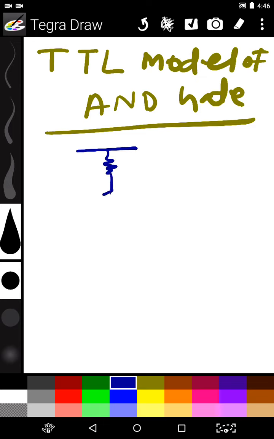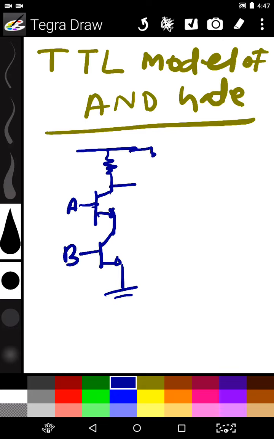This is an NPN transistor. This is an NPN transistor connected in series. This one is another NPN transistor connected in series. Then there is another gate.